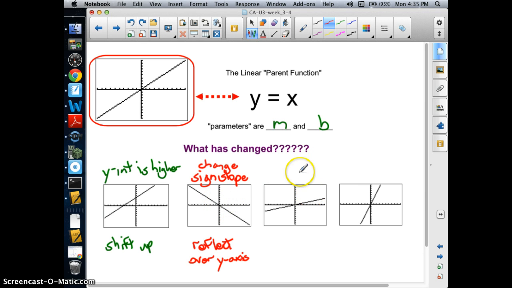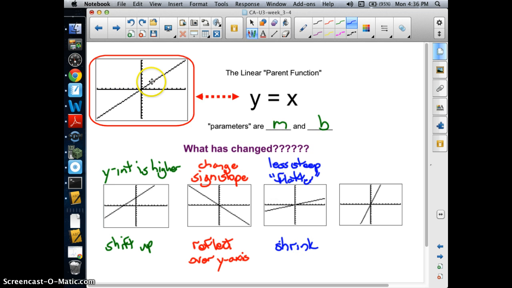Let's look at the next one. And I look at my slope, and this is definitely a less steep slope. It's flatter maybe, less steep. Flatter isn't really the mathematical way of looking at it, but I kind of look at it this way. What that's called when that happens is a shrink.